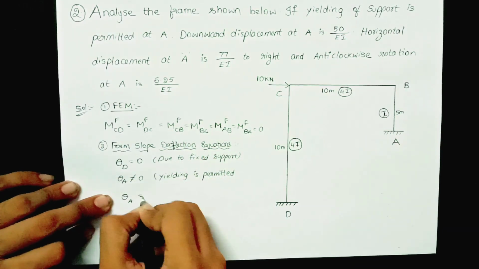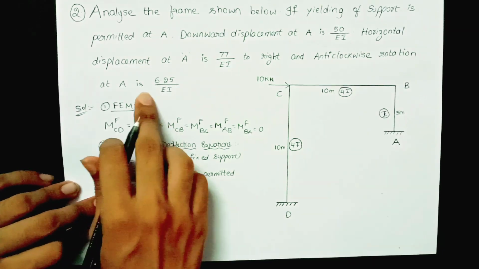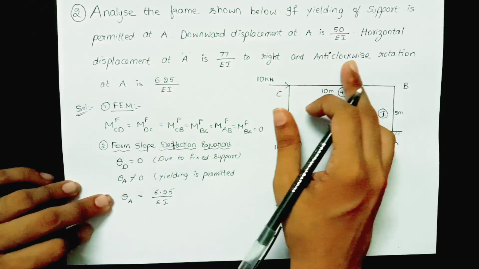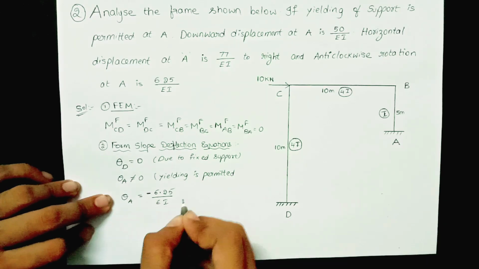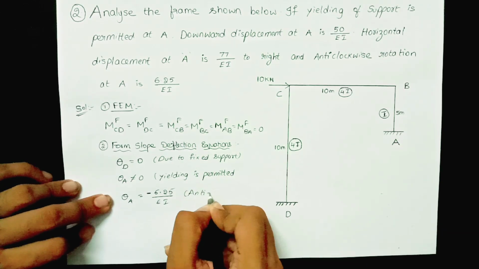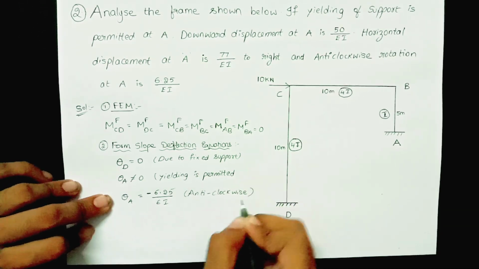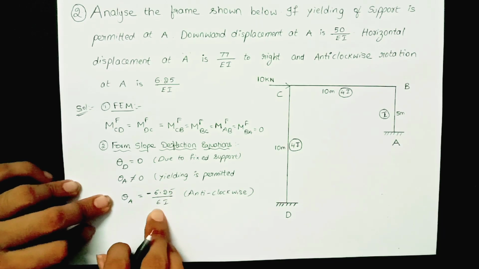Theta A equals 6.25 by EI. Since it is rotating in the anti-clockwise direction, I am placing a minus, so theta A is minus 6.25 by EI.